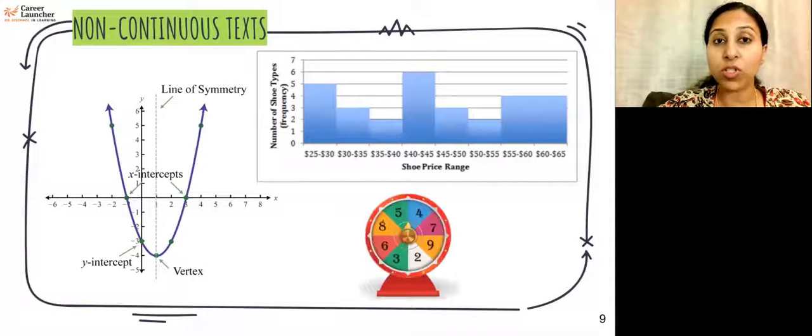There may also be situations where you get a figure based on probability. Here in this case, you need to understand that your sample space is the digits from 2 to 9. So you see here that non-continuous texts may also require the reading skills which we were speaking about.